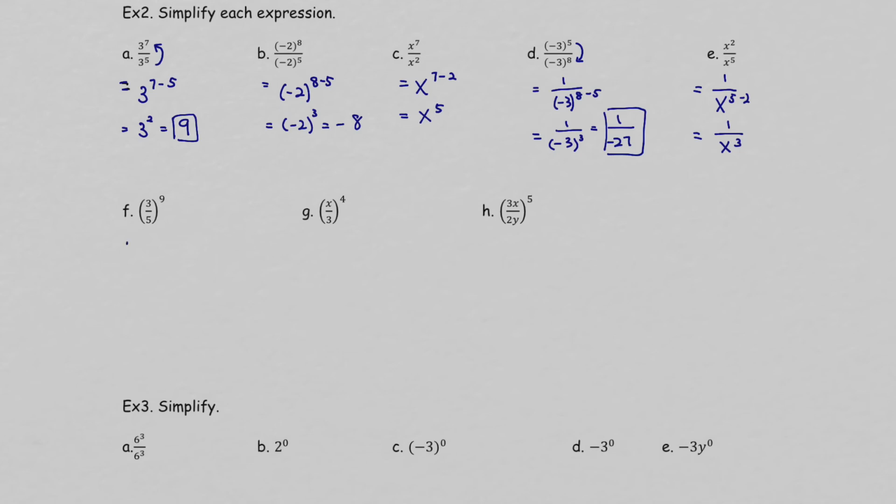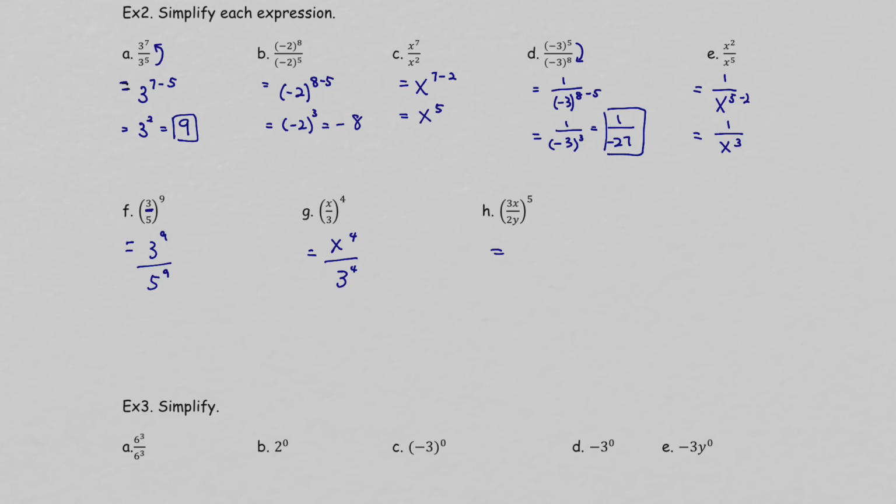We went over distributing the exponent when it's multiplication. We also distribute the exponent when it's division, right? So this can be 3 to the 9th exponent over 5 to the 9th exponent. And this one will be x to the 4th exponent over 3 to the 4th exponent.